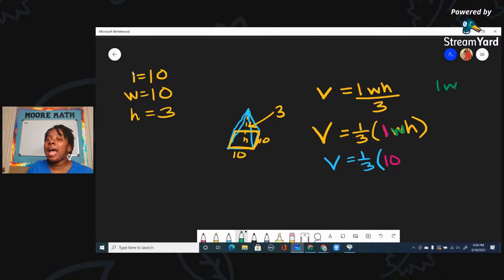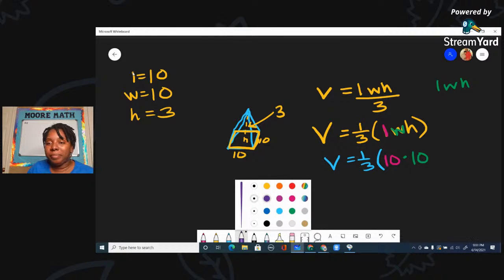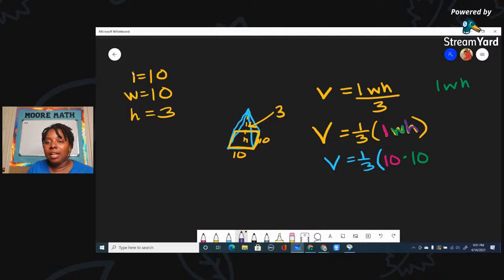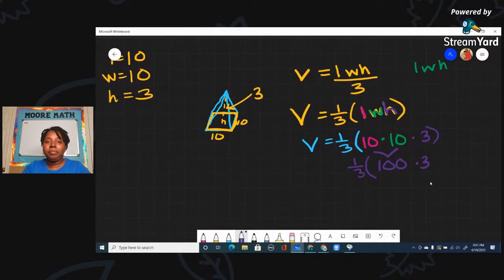All of these are side by side, and side by side, we multiply. 10 times 10 is 100. 100 times 3 is 300.